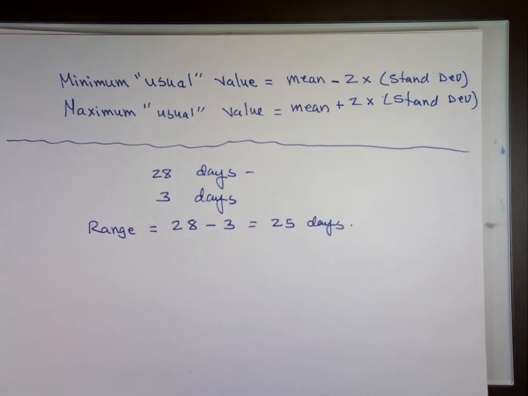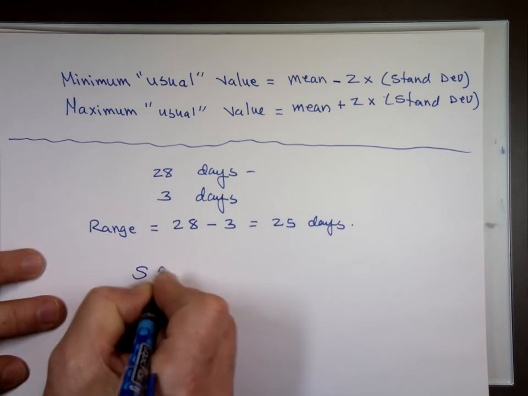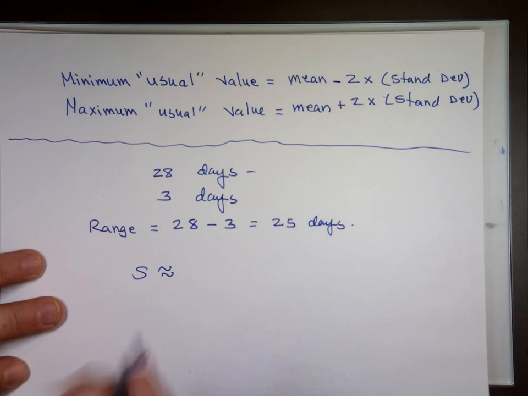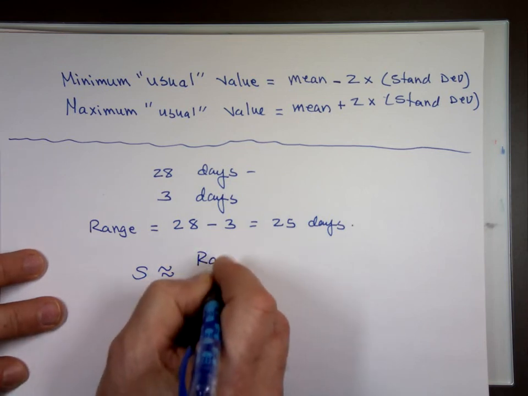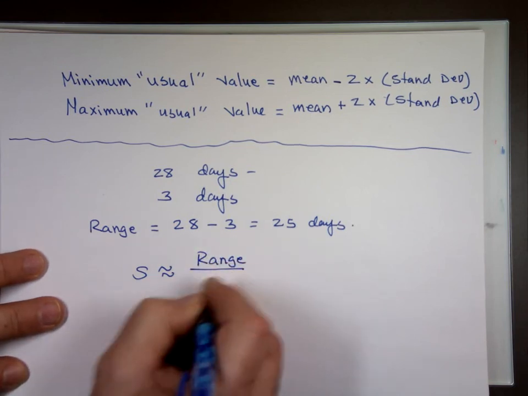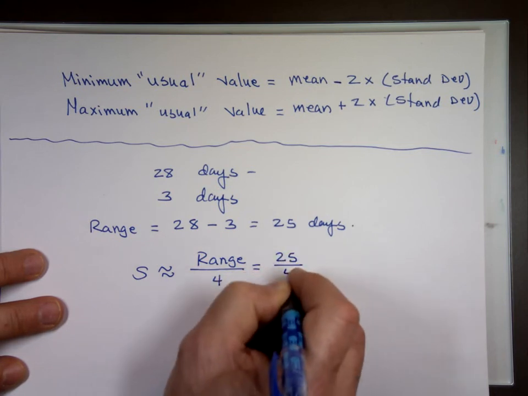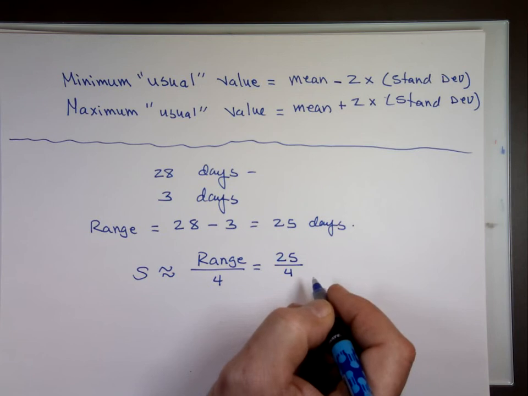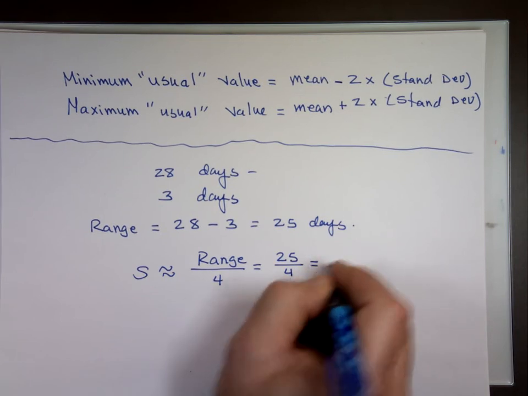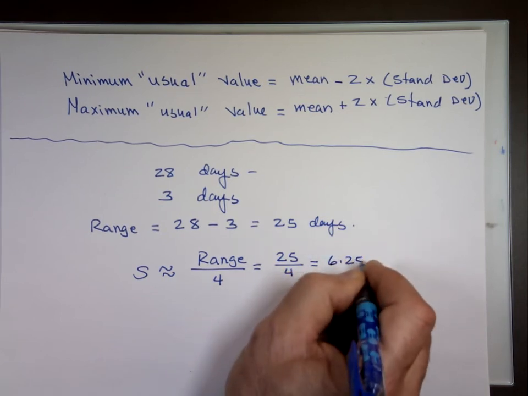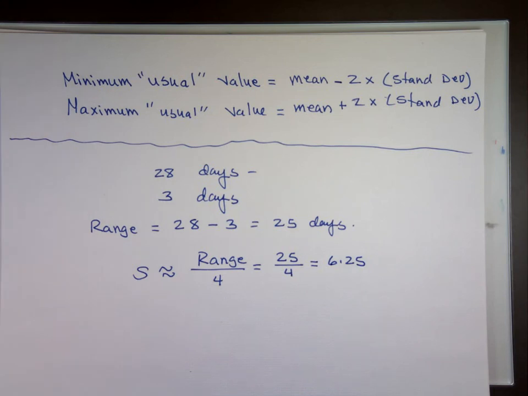The standard deviation becomes approximately the range divided by 4. So in this case, 25 divided by 4. 6 times 4 is 24. What's that, 6.25? That's called the rule of thumb. Again, we apply that when we have no data. We just have the range of it.